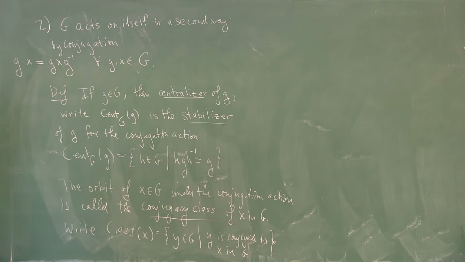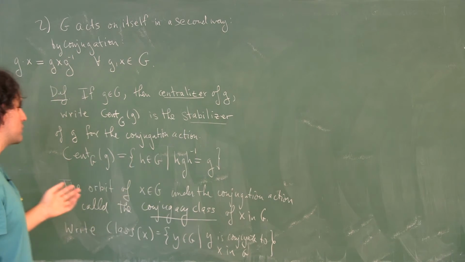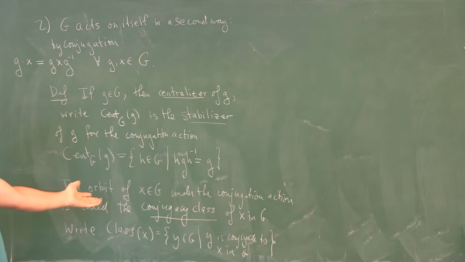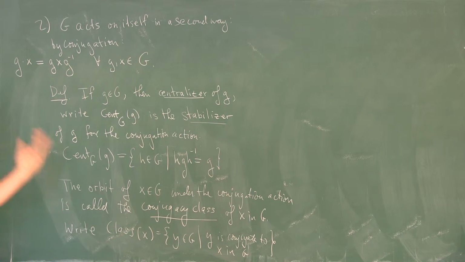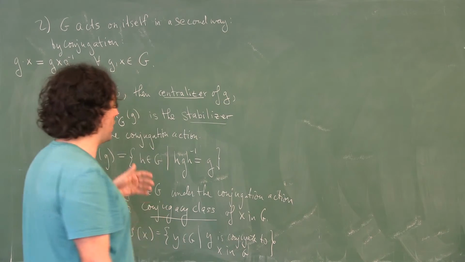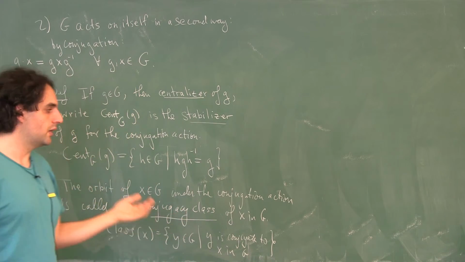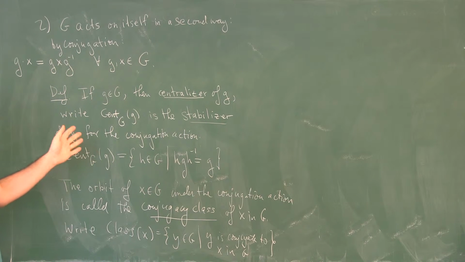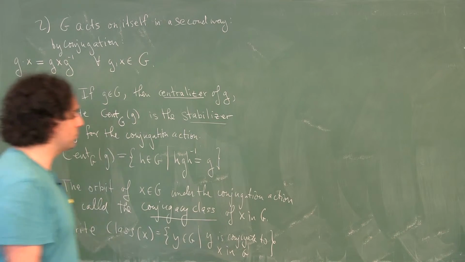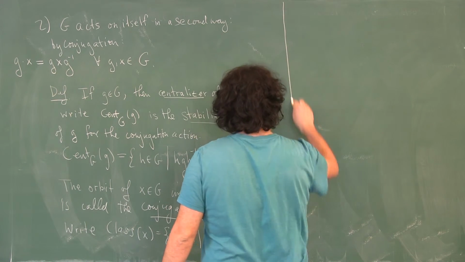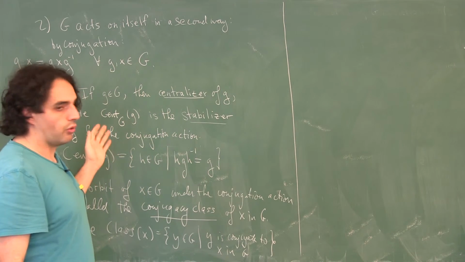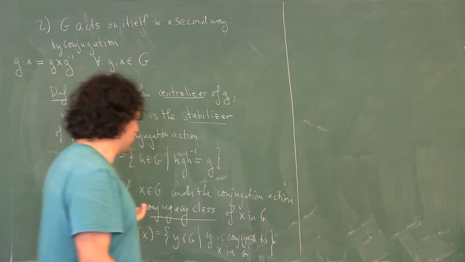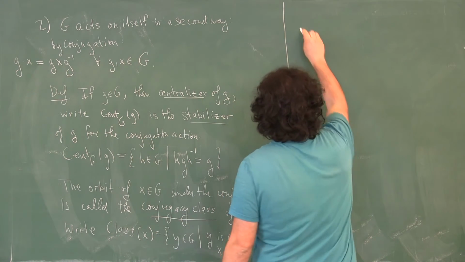And it's very important and interesting to study the various conjugacy classes, the number of conjugacy classes, how to tell whether two elements of the group are in the same conjugacy class. We will see that there is a very nice way of doing that explicitly for the symmetric group. For now, let's just note that we can write down the orbit stabilizer theorem in the case of conjugation.